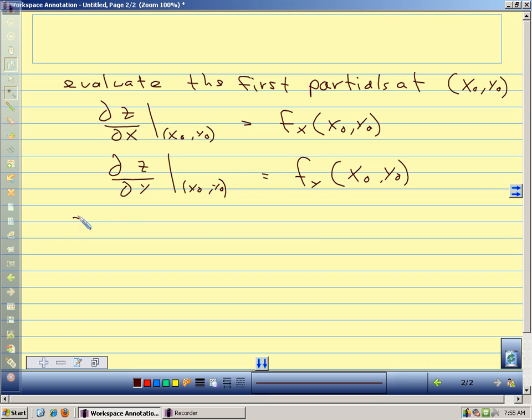And just as a reminder, to find f sub x, we consider y a constant. And to evaluate f sub y, we consider x a constant.